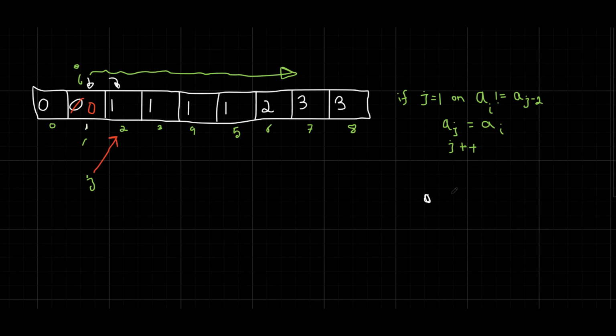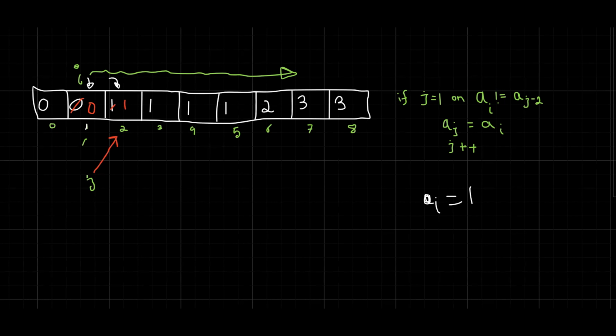Now, the value of a of I is 1, and the value of a of j minus 2, that means j is here, so j minus 2 is here, and the value of j minus 2 is 0, and both of them are not equal. So we can put the value of a of I to a of j. That means we can put 1 here.